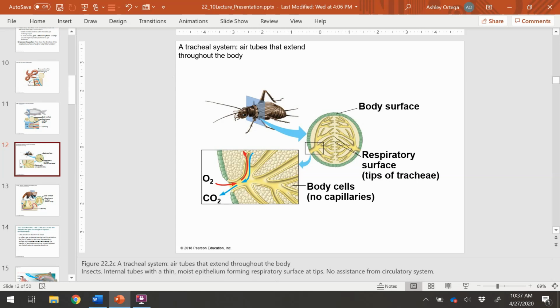And so they exchange gases through gases entering and exiting, and this can be done through the tiny tubes with the special thin moistened epithelium, those special cells on the ends of those tubes. And then some others we'll see that have air sacs that allow for better exchange for large organs. But it's unique in that it has no assistance from the circulatory system whatsoever.